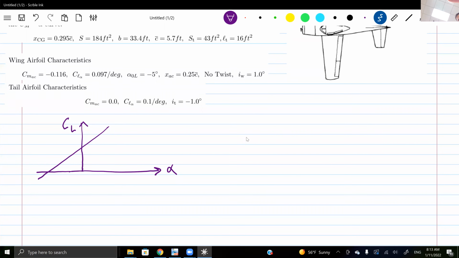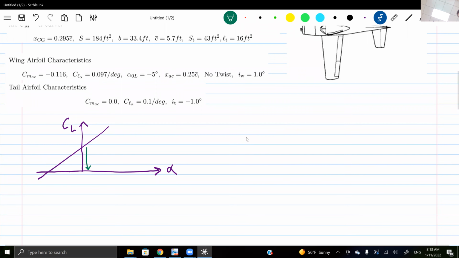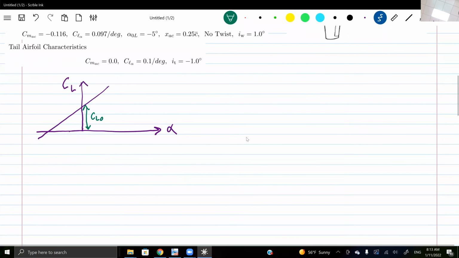All right. So this distance is what we call the CL naught, right? And this point is what we call alpha zero lift. The name is very expressive. The angle of attack at which the lift is zero. This is typically negative for cambered airfoils.